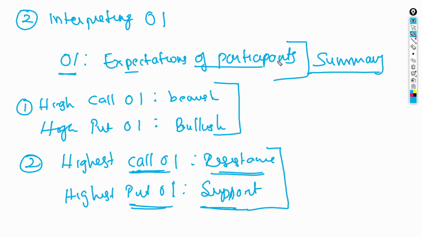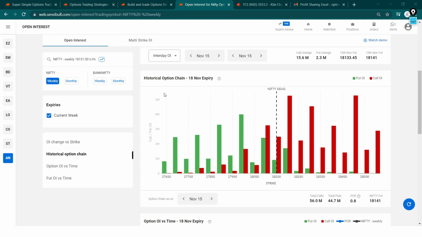Now based on this particular data, we will try to identify the market sentiment as well as the support and resistance. Right here I have opened the option chain of Nifty. So here we will first look at the total calls as well as total puts.